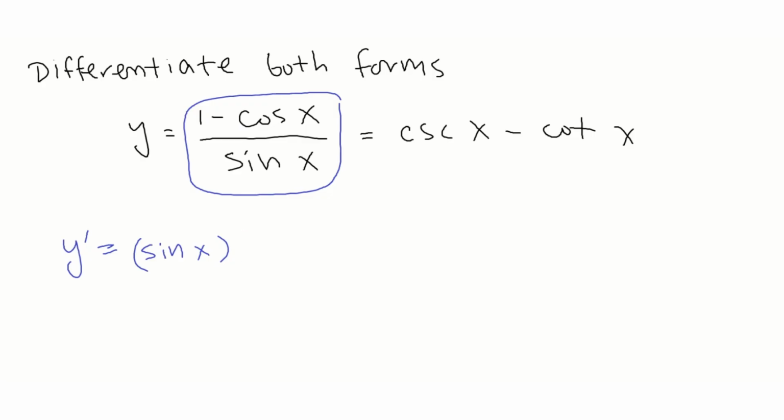The derivative of 1 minus cosine of x is 0 minus negative sine of x. Minus a negative is positive, so that simplifies to sine of x. The derivative of sine of x is cosine of x.